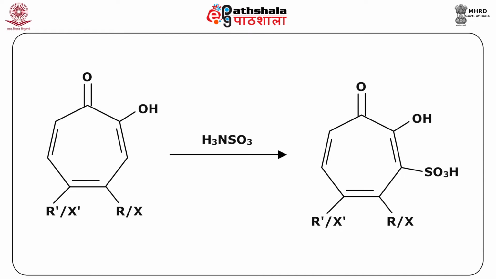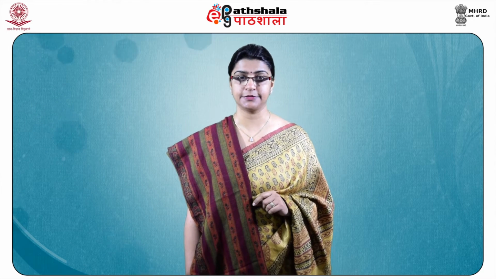When position 5 and position 4 are blocked by an alkyl group or by any other substituent like halogens, the reaction takes place equally readily at position 3. 4-methyl tropolone yields a product which is 6-methyl tropolone 3-sulfonic acid, after coupling with paratoluyl diazonium chloride. So we can see that the preference for entering of sulfonic acid is mainly at position 5 and position 3, and a little bit at position 4.